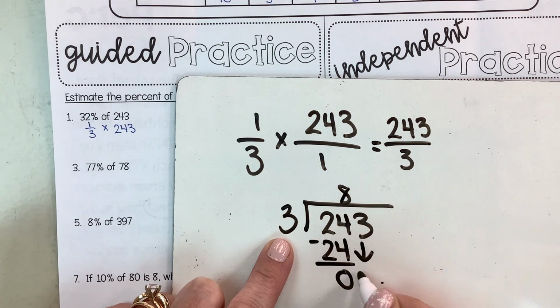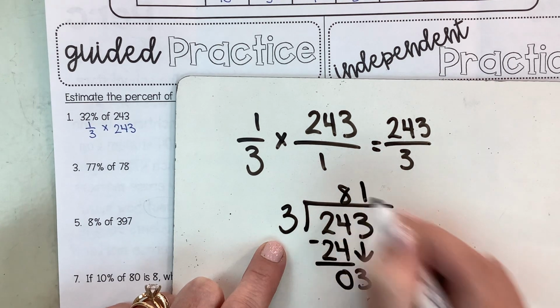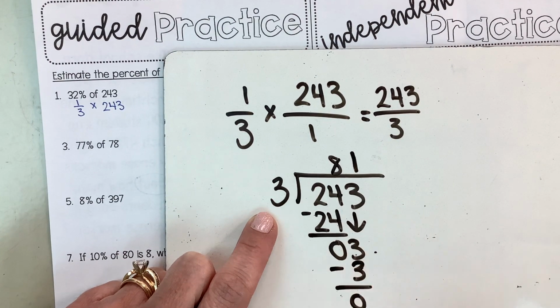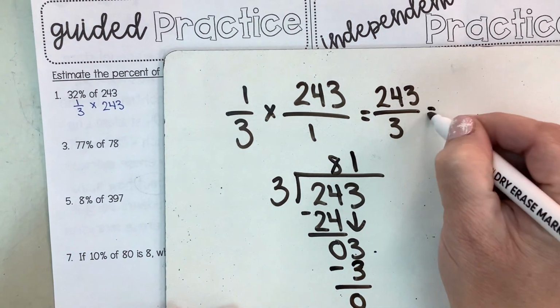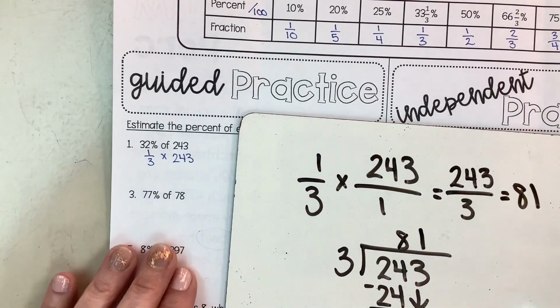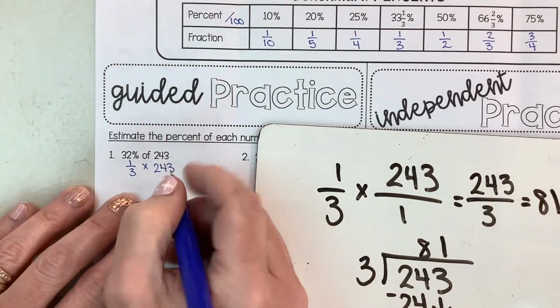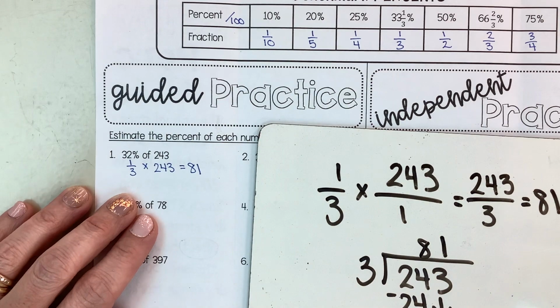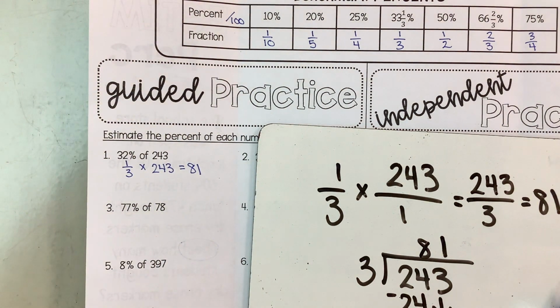We bring down the 3. 3 goes into 3 one time. And everything is done. Okay, so this equals 81. So 1/3 of 243 is 81. Now, this is an estimate. It is only an estimate.